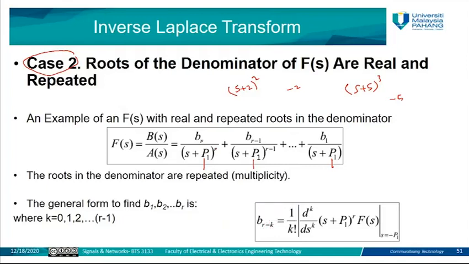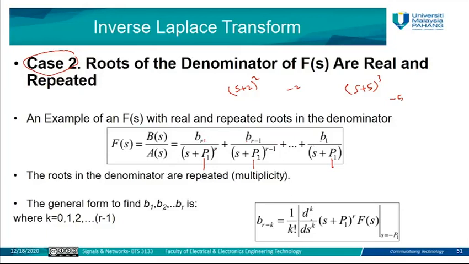So the general form to find B1, B2, B3, up to BR uses the counter K, which starts from 0 until R minus 1. If K equals 0, it becomes B_R. If K equals 1, it becomes B_(R minus 1). If K equals 2, it becomes B_(R minus 2), and so on, depending on the place here.